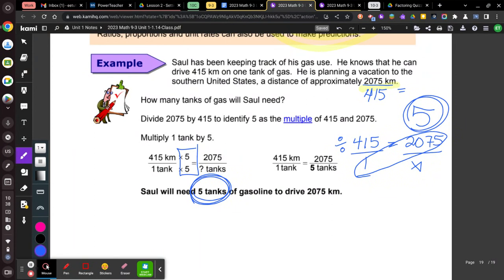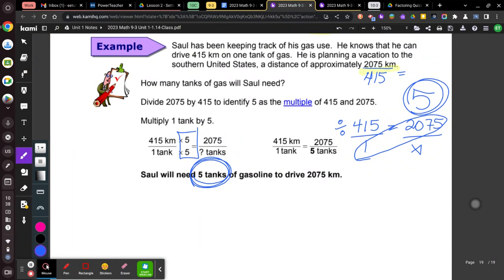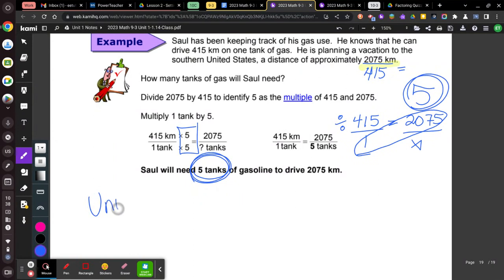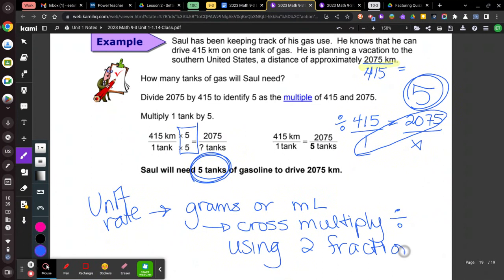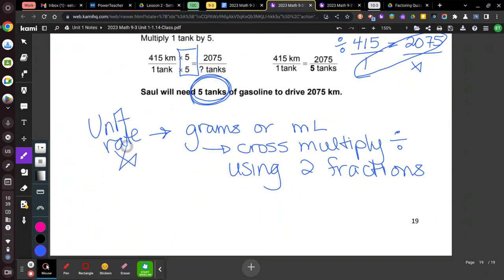So a review of our rates and ratios. If it is unit pricing, a unit rate. If it is grams or milliliters, you need to cross multiply with 2 fractions. Cross multiply, then divide using 2 fractions. That's the hardest part of it. Otherwise, it's just dividing.